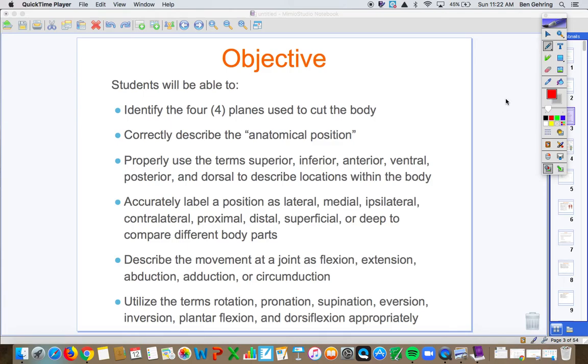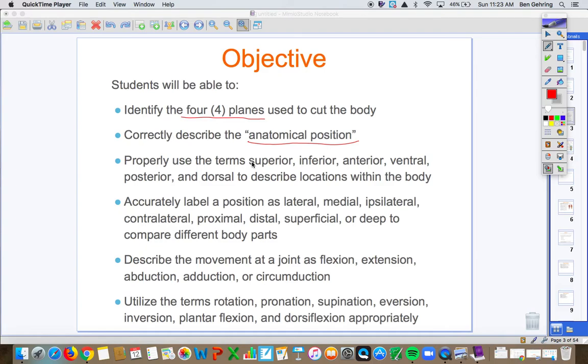At the end of this lesson, this video, you will be able to identify the 4 planes used to cut the body, used to dissect the body. You're able to describe, demonstrate, model, show, understand what is meant by anatomical position. So this is a term we're going to use often, and everything we reference in this course refers to anatomical position.